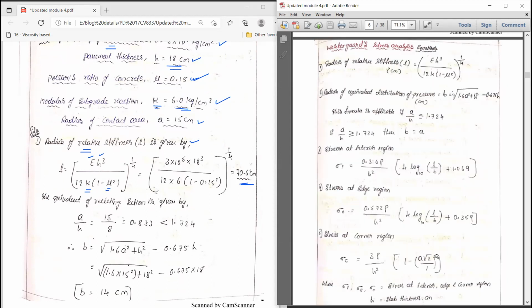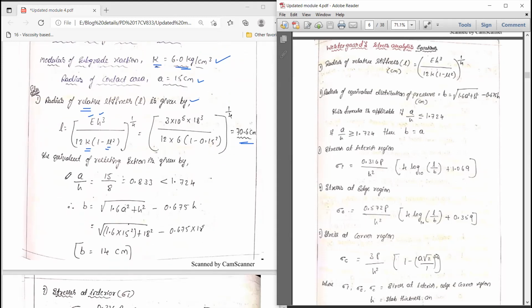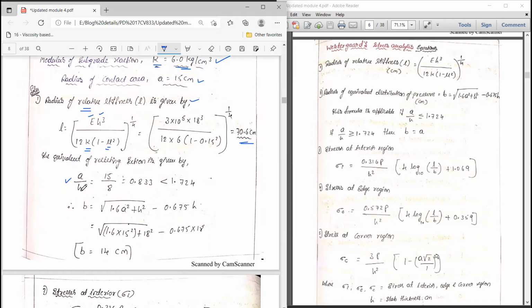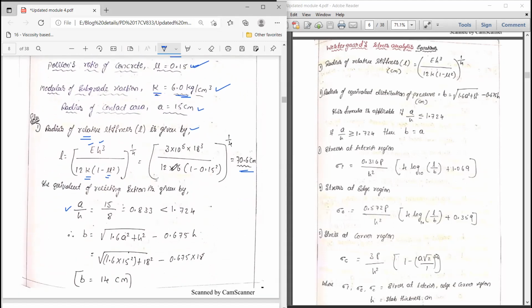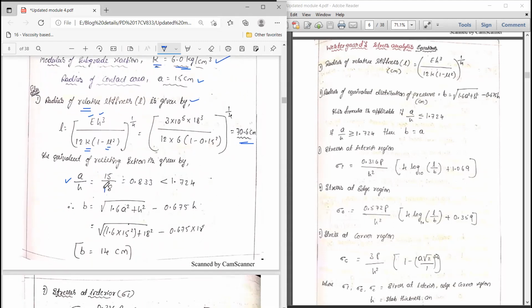If a by h is greater than 1.724, then you can consider b equal to a. So first we will check the a by h value. a stands for radius and h stands for thickness. Therefore a is 15 centimeter and h is 18. So 15 divided by 18 is equal to 0.833, which is less than 1.724.